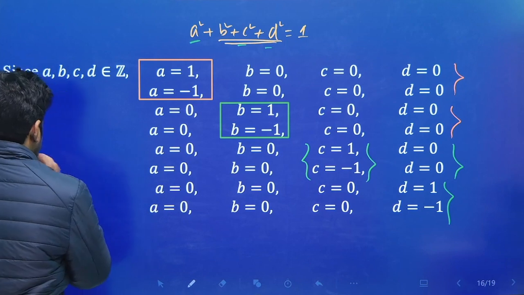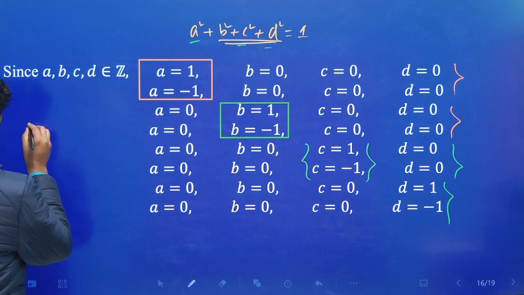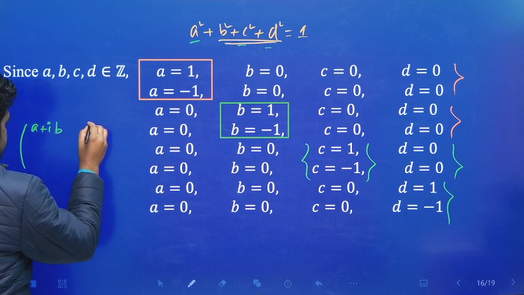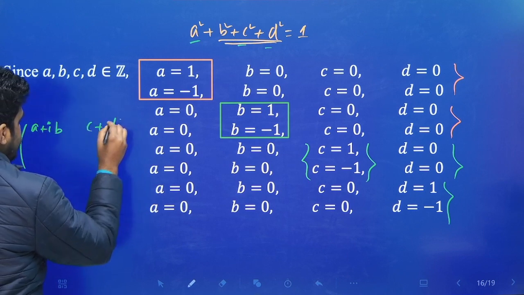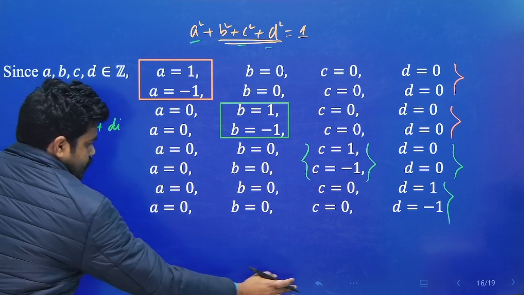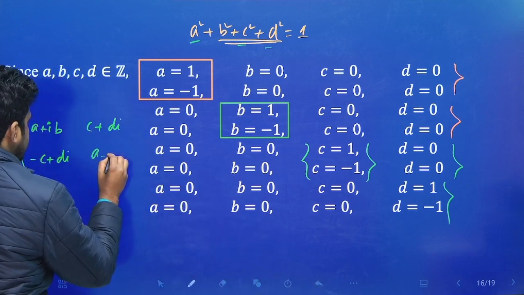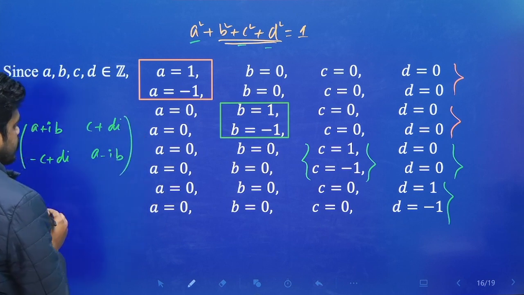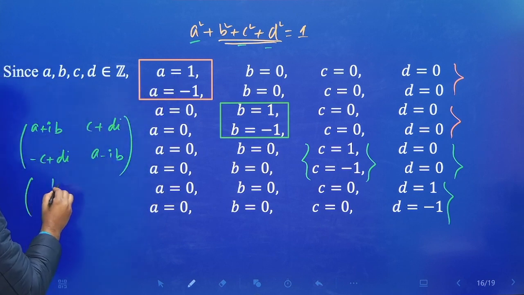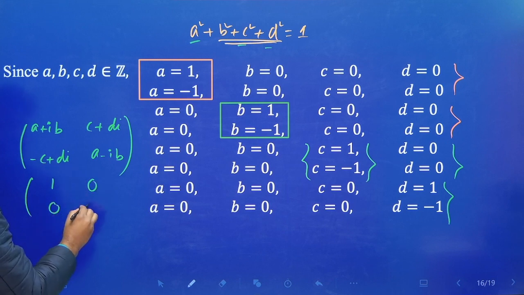তাহলে দেখো এই যে ফার্স্ট আমি দেখিয়ে দিচ্ছি আমি কি কনসিডার করেছিলাম, আমি কনসিডার করেছিলাম হচ্ছে a plus ib, c plus di, minus c plus di, a minus ib, ঠিক আছে। তাহলে ফার্স্ট কেসটা a is equal to 1 b is equal to 0, তার মানে 1 0 0 1, so this is a unit element.